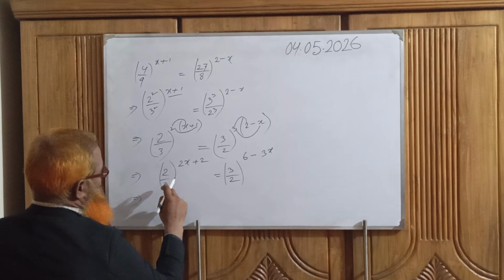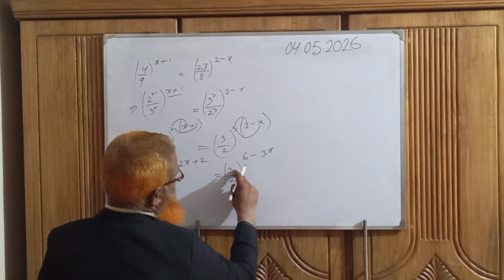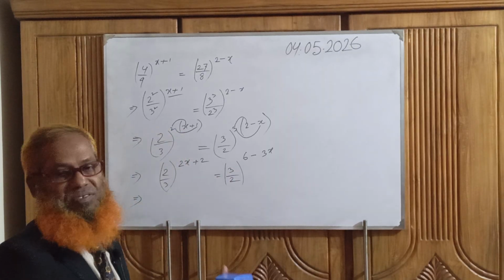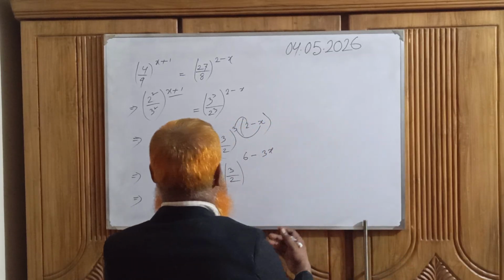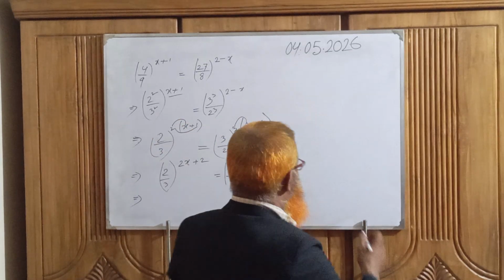Here 2 by 3 and here 3 by 2. These are not the same, so we should make them the same. How to do that?